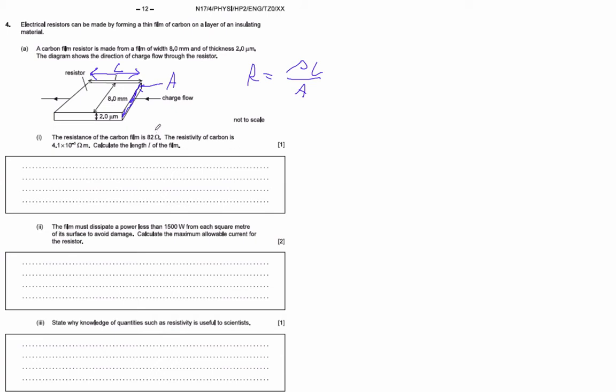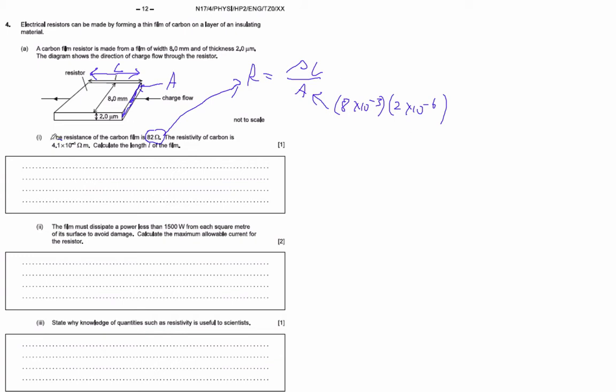Well, 82 is the answer for what R is, right? Okay. The length, we need the length. And then the area is going to be 8 millimeters times 2 micrometers, so 8 times 10 to the minus third times 2 times 10 to the minus sixth, right?